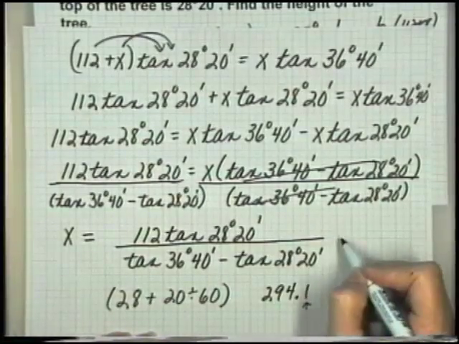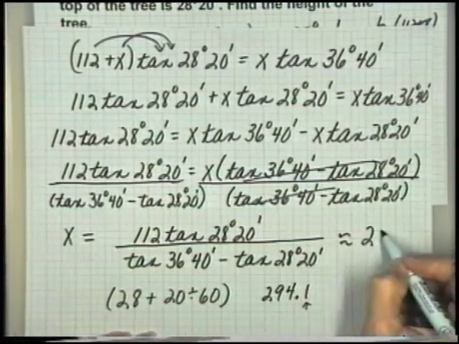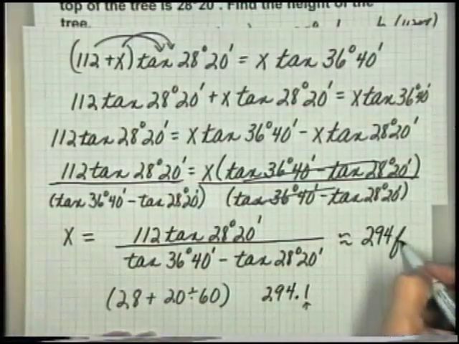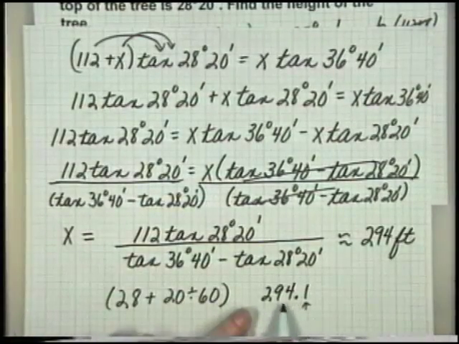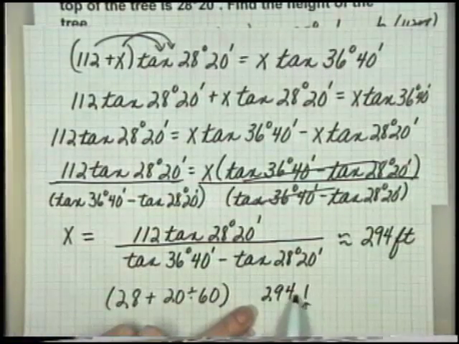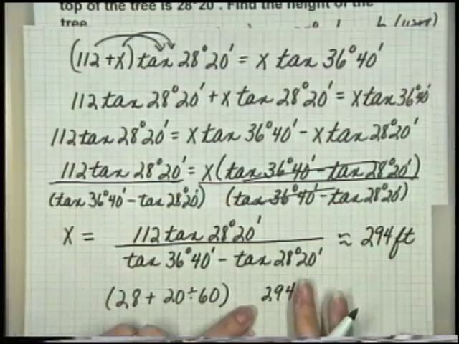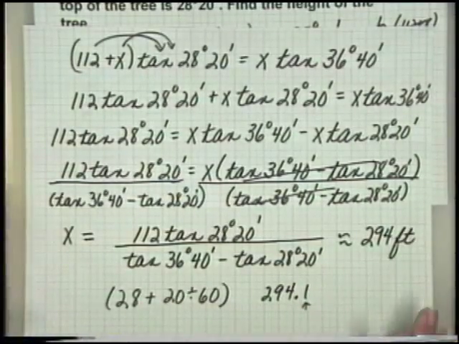So I need to look at my tens place. Since it's a 1, my rounding here would just be 294 feet. And since it's a 1, I don't do anything to the 4, and of course I don't write the 1. So that's what my x is.